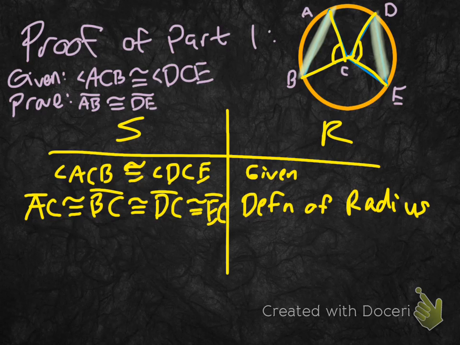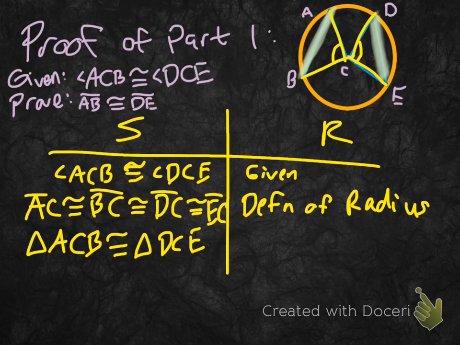Well, if we know that that's true, then if we're looking at these two triangles, we can say that triangle ACB is congruent to triangle DCE. And hopefully you can see if this is congruent to this and this is congruent to this, then we have the included angle, right?